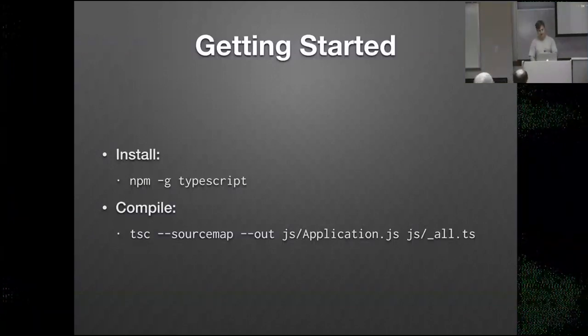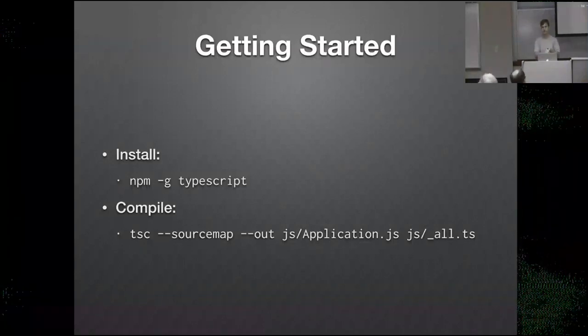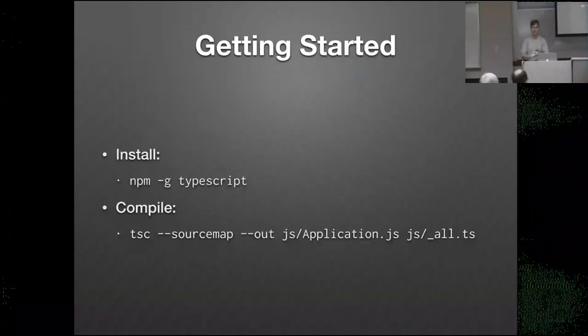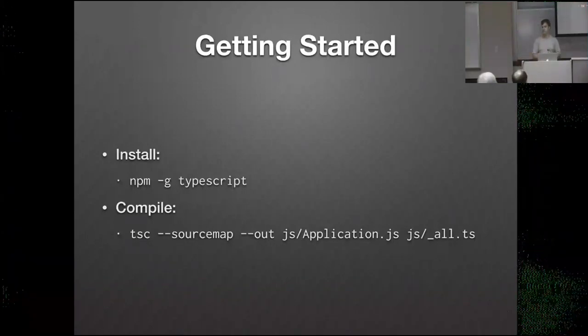And then I usually create myself an underscore references, or in this case, an underscore all.ts file. And we'll see what that looks like in a second. But basically, it just has a reference in there to all of my library definitions, so all of my type definition files, and then all of my different TypeScript files that I want to have compiled.